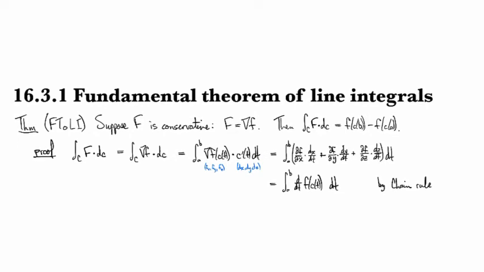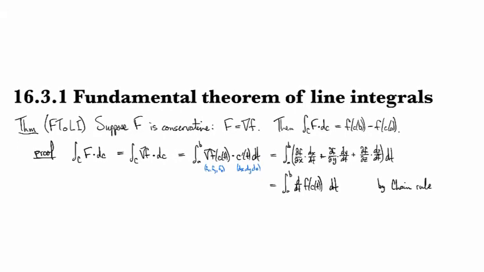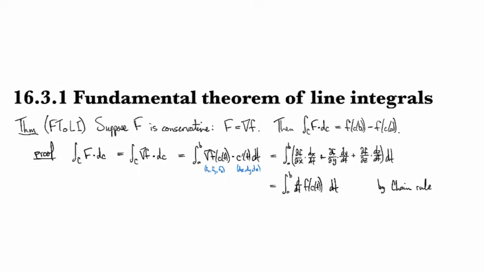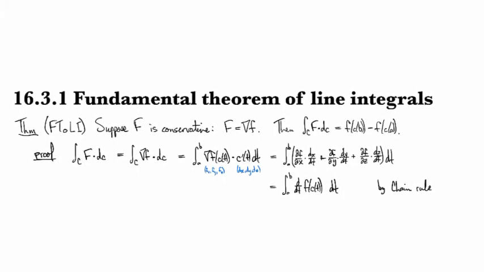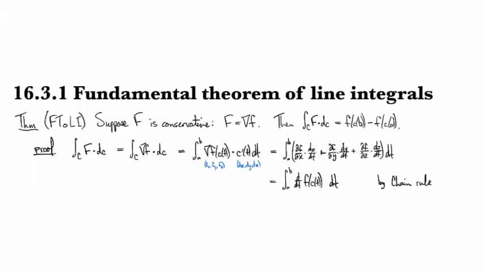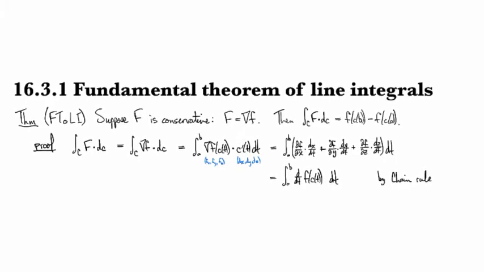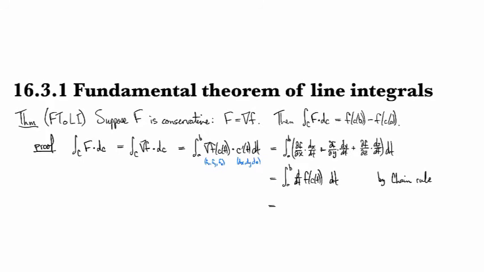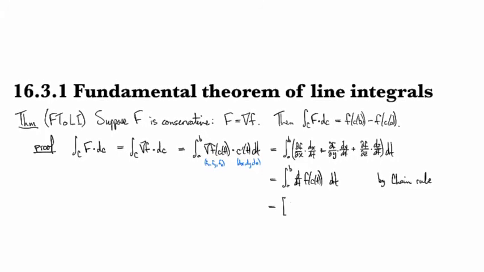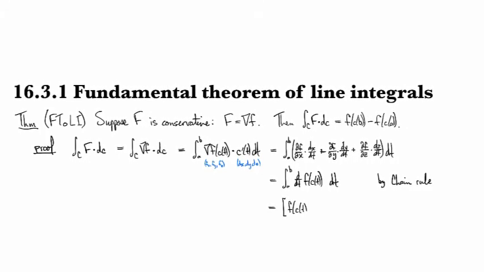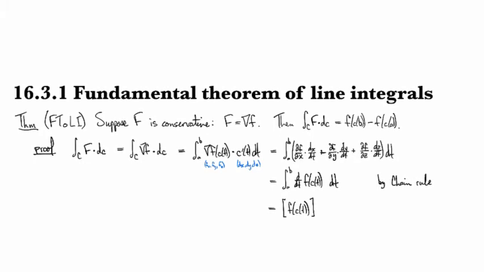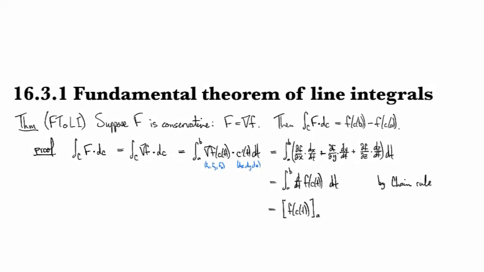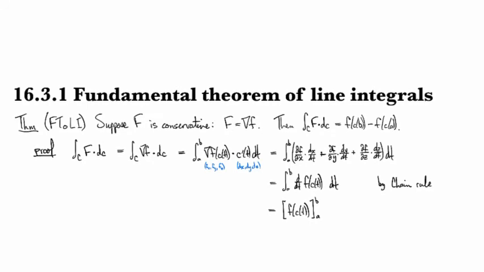And then you look at this and you say, hey, I have seen you before. You are one half of the fundamental theorem of calculus, the regular single variable version from Calc 2. So that means that you are going to just be given by integrating the thing that's being differentiated, evaluating the thing that's being differentiated across the endpoints.